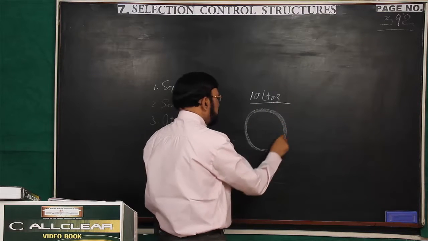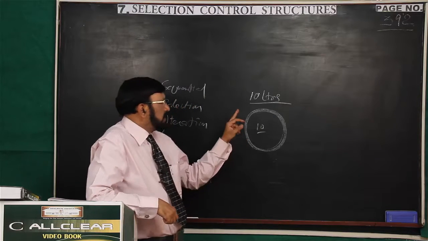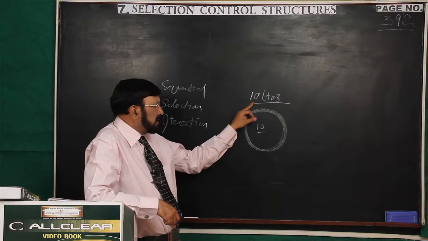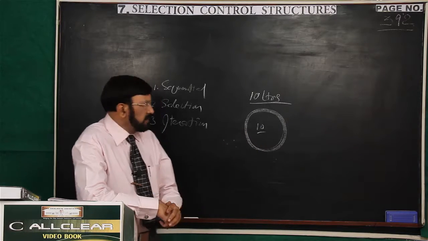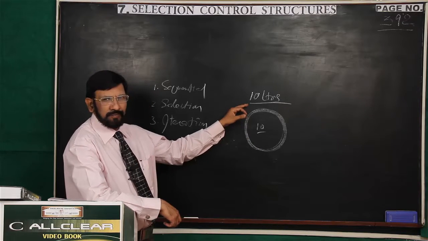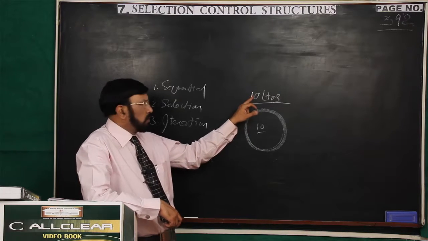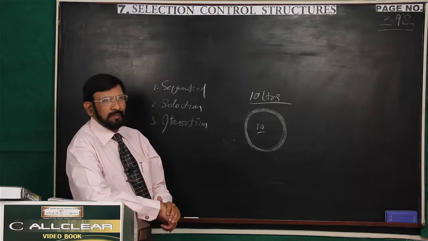You perform that action 10 times. 10 liters of milk, 10 times you pour, and your task is performed. In this, one variant is there. In this case, before taking up the task, you know how many iterations are required. But in all cases, it is not possible.